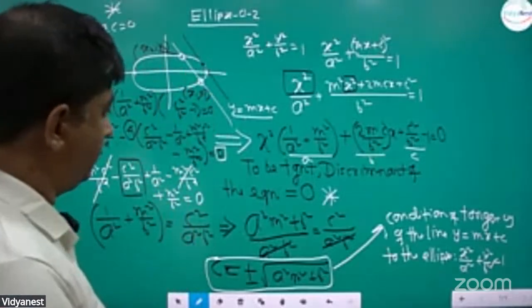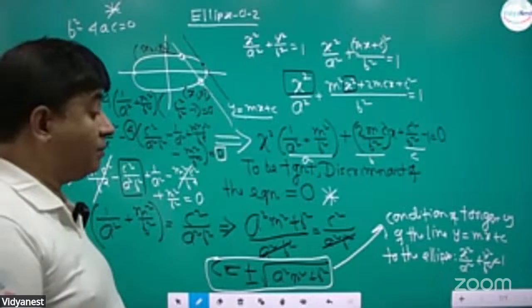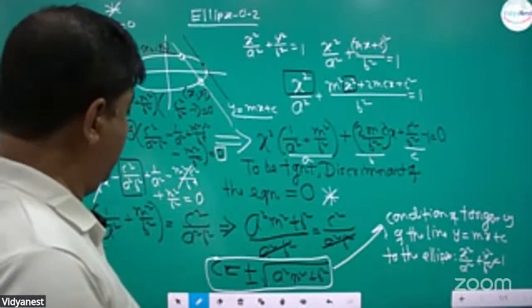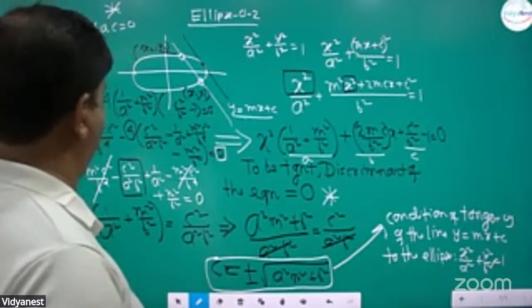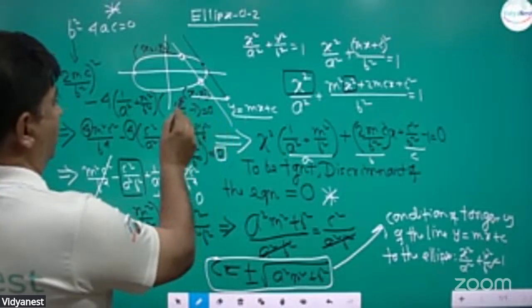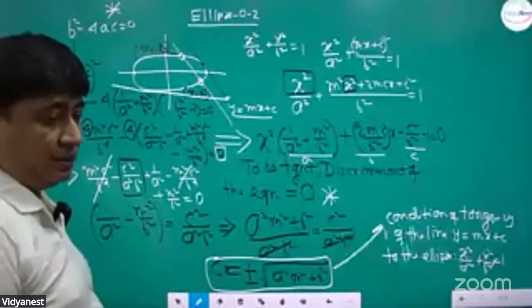Now, what will be the equation of the tangents? Why we are using plural? Because plus minus both are coming. And we know from an external point, we can draw two tangents.